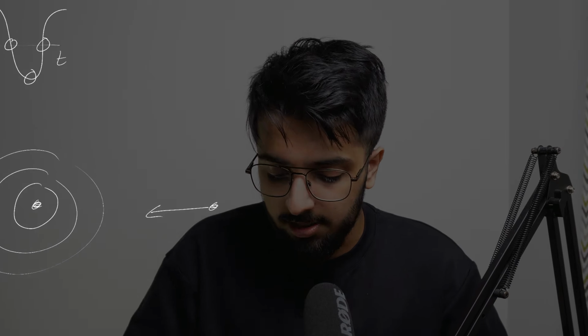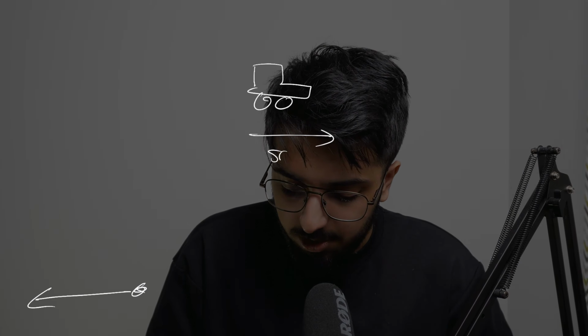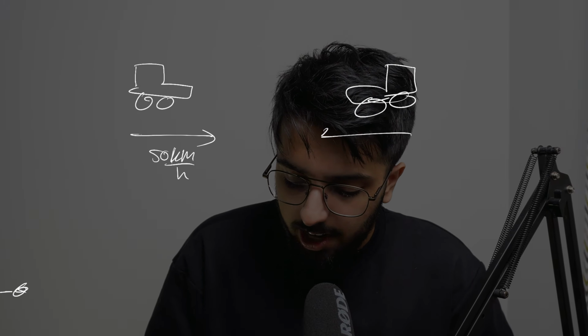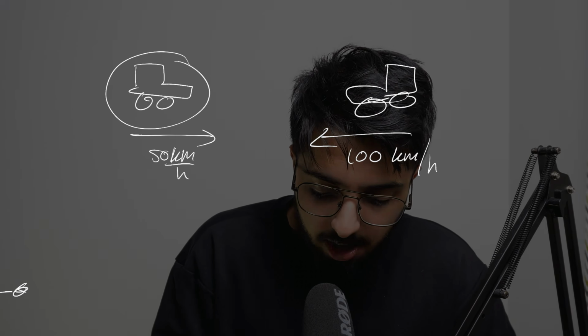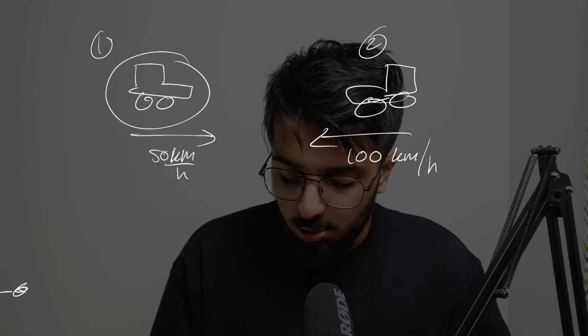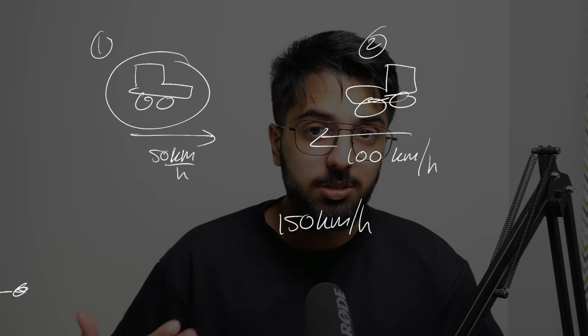Just imagine a case where we have a car moving at 50 kilometers an hour, and we have another car moving at 100 kilometers an hour. Let's call them car 1 and car 2. From car 1's perspective, car 2 is moving at 150 kilometers an hour. That is due to relative velocity.